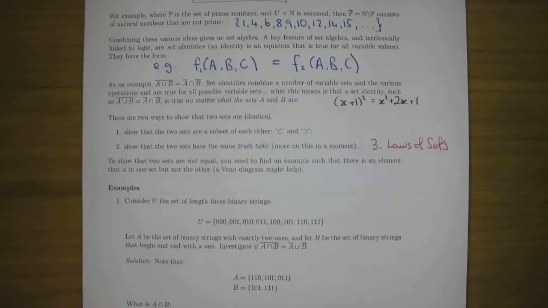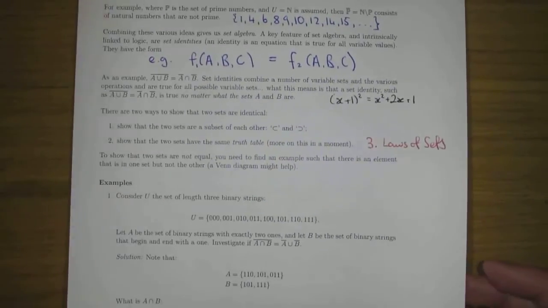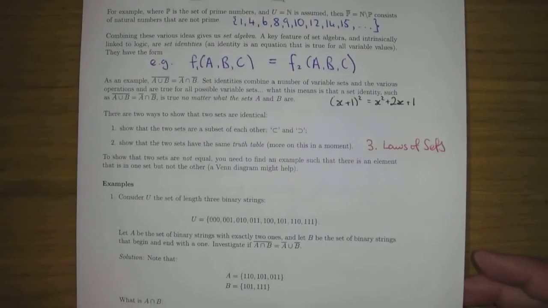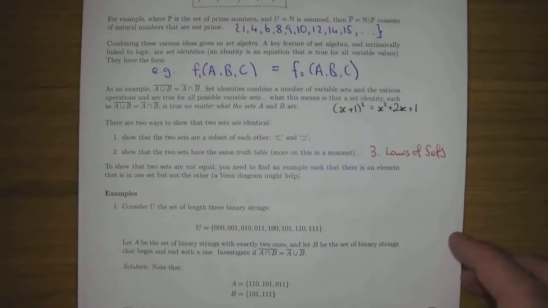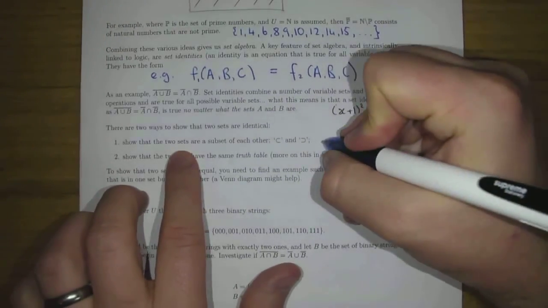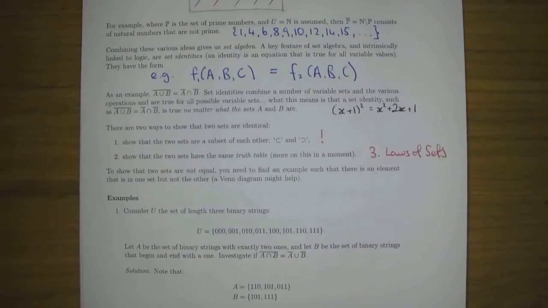Okay. So actually these questions are not quite of this type. So this first thing here is, this is too hard, okay? So it's to show two sets are a subset of each other. So if A is a subset of B and B is a subset of A, the only way that can happen is if they're the same set.